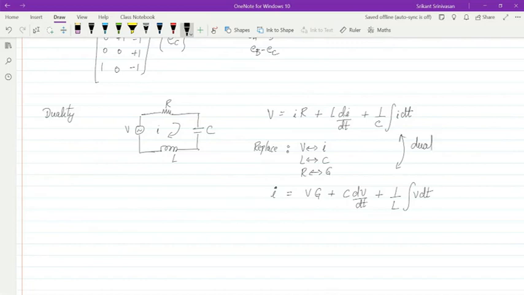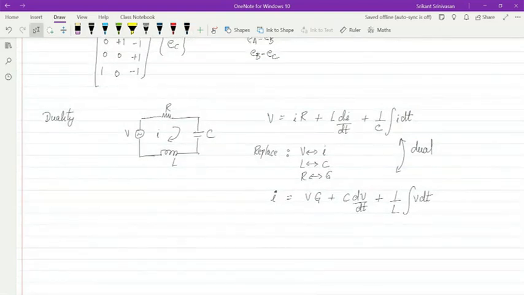And what would be the dual circuit for this? We are saying that there is a current which is equal to some voltage times conductance. So this is I1, I2, I3. I is C dV by dt, 1 by L integral V dt. So I have three currents which are adding up to give me one net current.